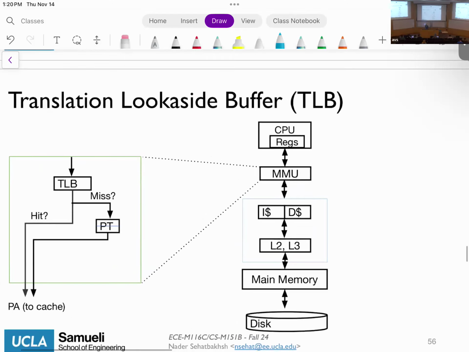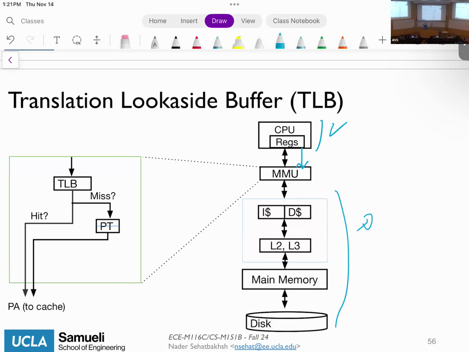So what is really happening is that if this is the virtual domain and this is the physical domain, once the address comes, we usually feed it into what we call a memory management unit, MMU. What the MMU does is that it first sees whether I've seen this virtual address, this VPN, before, okay? Not the actual address, just the VPN part of it.